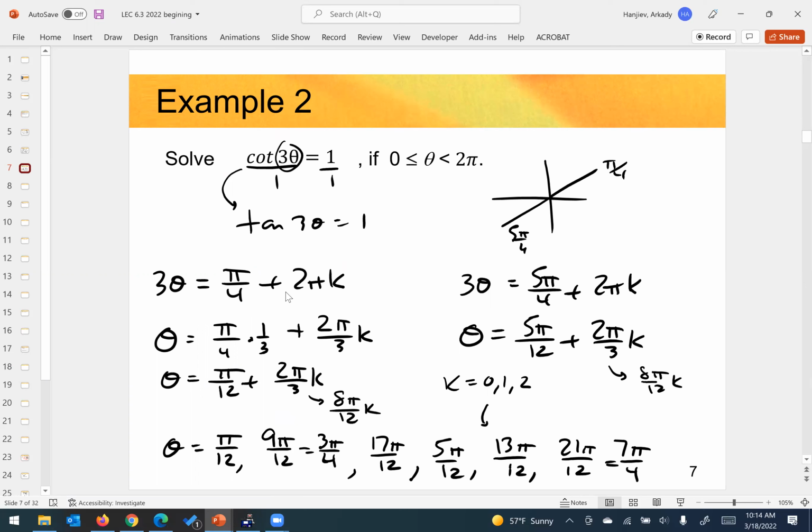We found where it is, and then we're going to use k equal to 0, 1, and 2, right? We're going to do three rotations. Zero is your first rotation, 1 is your second rotation, 2 is your third rotation.